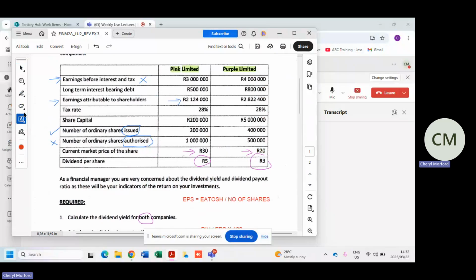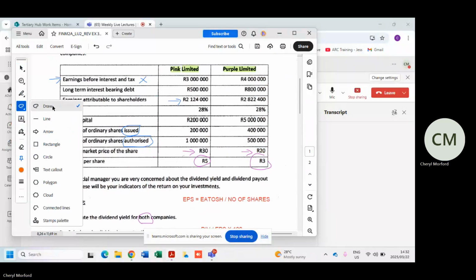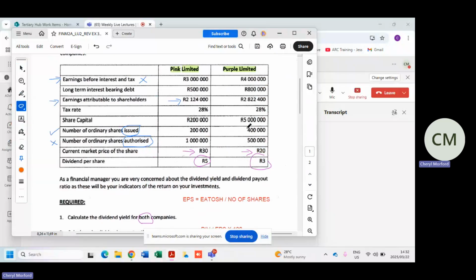So let's have a look now for purple. Do we have the share price of purple? Make sure we're in the correct column. Yes. 20 Rand. Do we have the earnings per share? Unfortunately not, but no problem. We're going to simply use this formula again. Please, we can't use that 10 Rand 62 because that was for company pink. So we're going to have to recalculate EPS, but this time for purple.